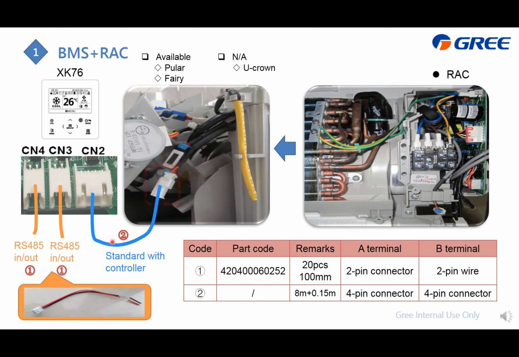And this number 2 wire is standard with the SK76. This picture is the back of the SK76. This CN2 is for the terminals to the PCB, which is this one. And this CN3 and CN4 are the RS485 in or out.